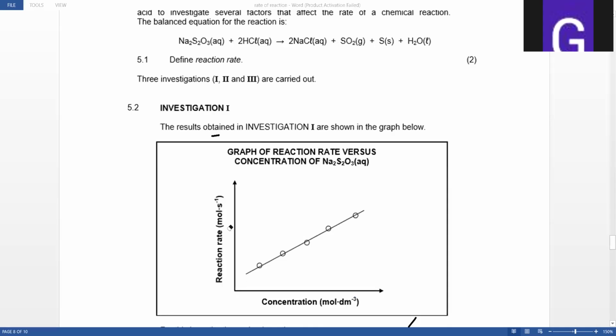The graph on the y-axis shows the rate of reaction in mole per second, and on the x-axis is the concentration. Since this is the y and this is the x, this is the dependent variable, and this one is the independent variable.